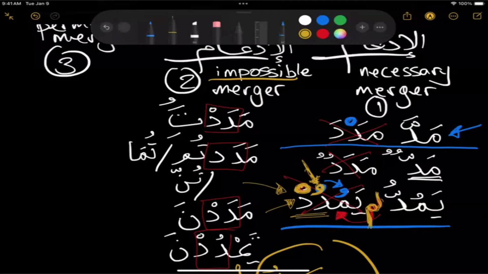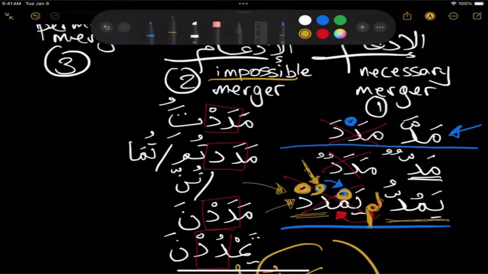So you're saying that here was yamuddu, and when lam came and made the last letter of the verb have a sukoon, it forced us to restore the verb back to its original form, so we have to replace the first dal's harakah. We're restoring this verb back to its origin and saying lam yamdud, and that makes us split the dals apart. Okay, understood.